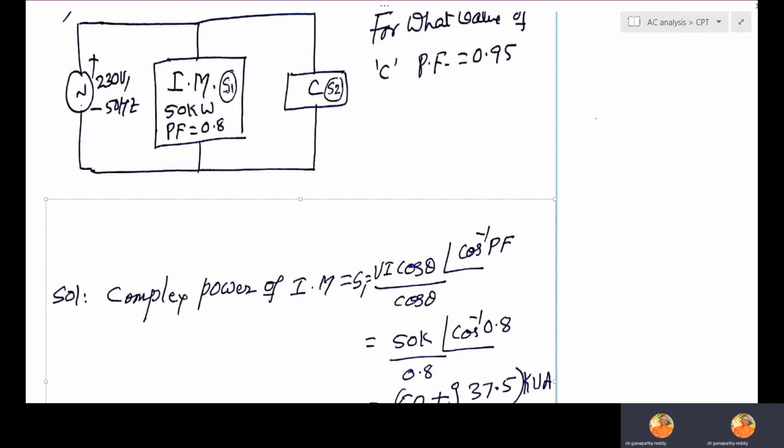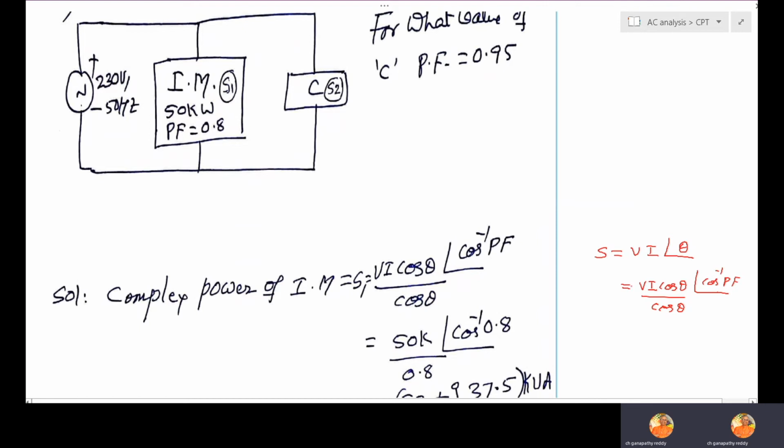What is the S formula? If you recollect the power triangle, S equals VI angle theta. This is nothing but VI cos theta by cos theta, I can write. And theta is nothing but cos inverse of the power factor. You can do that. So cos theta cancels.